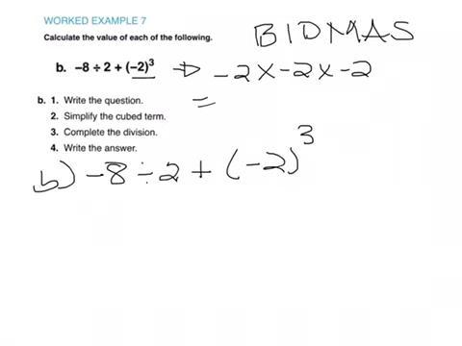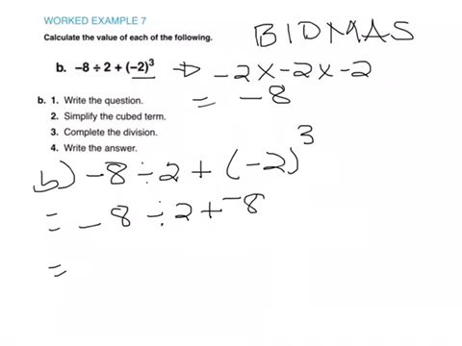So that should give us negative 2 times negative 2 gives us positive 4, times negative 2 gives us negative 8. Let's rewrite that. Here I have negative 8 divided by 2 plus negative 8.